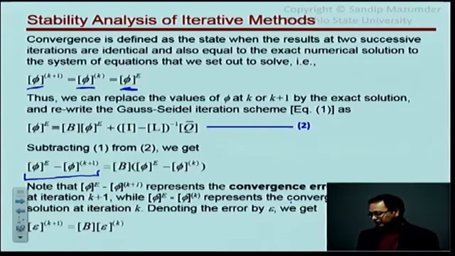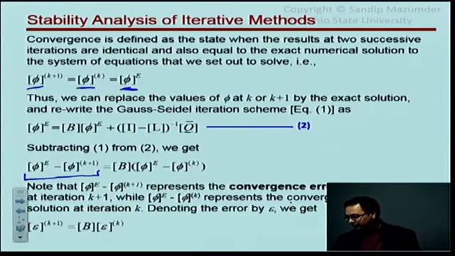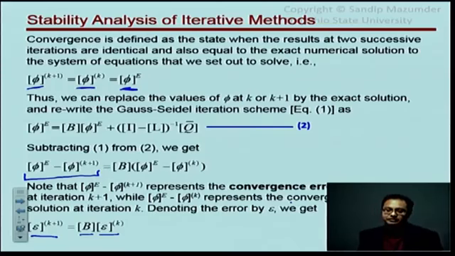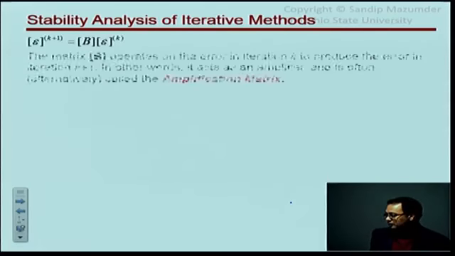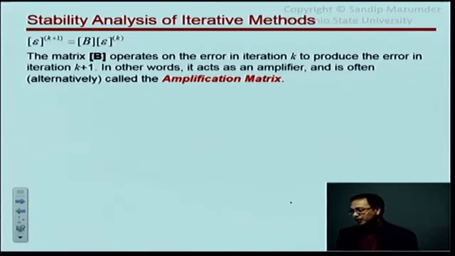And so if we denote that by epsilon, then epsilon at k plus 1, the convergence error at the k plus 1th iteration, is this B matrix times the convergence error at the kth iteration. Okay? So that is why the B matrix, an alternative name for it, is also the amplification matrix. It's called the iteration matrix.